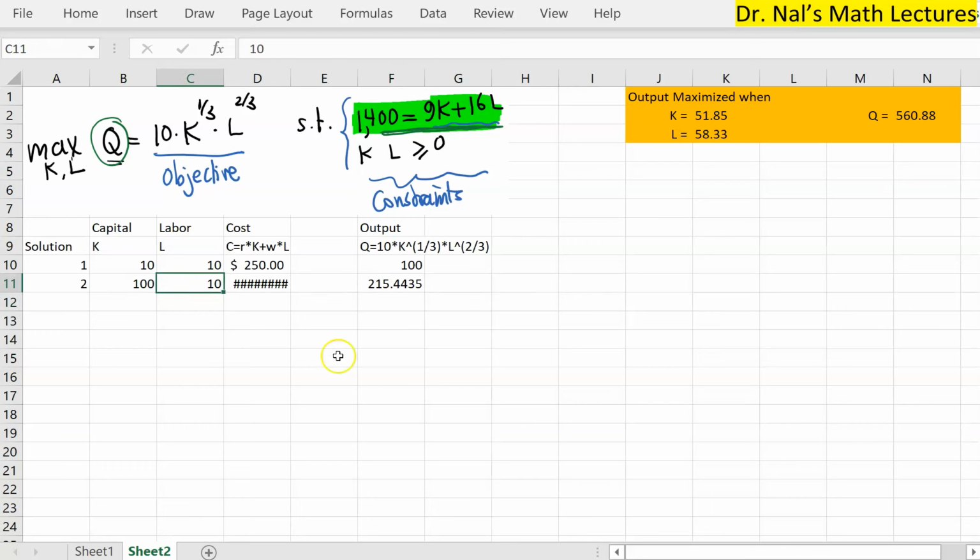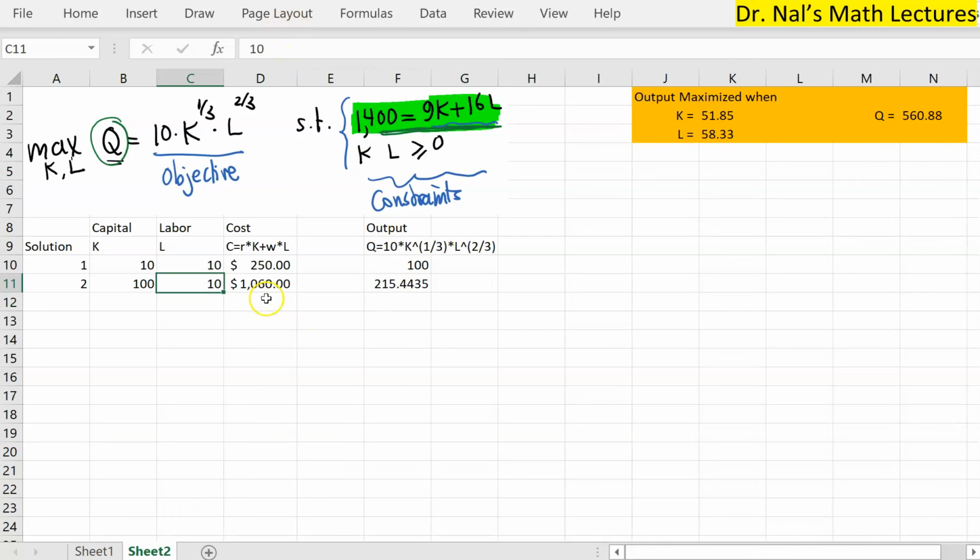Let's keep increasing until we hit 1400, so use even more labor here, a little bit more maybe. There you go, too much, 31 or something like that. I still have some room, so I think I can use half an hour more of capital. There you go. So here is an example where we use 100.5 units of capital and 31 units of labor.